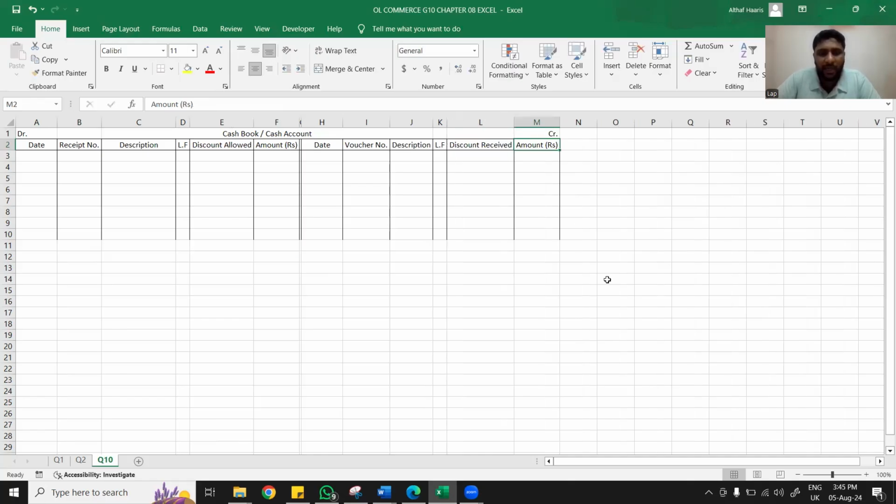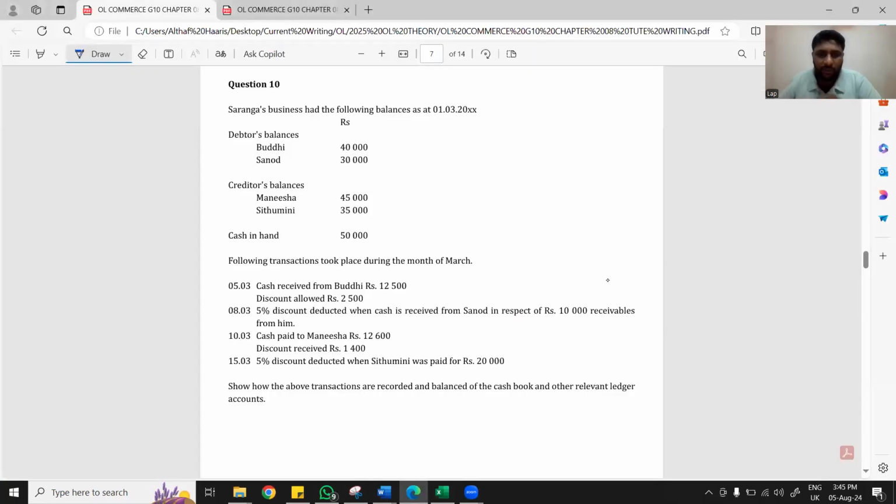If you want, you can write down that particular note in the cash book. Discount allowed will be there in the debit side.